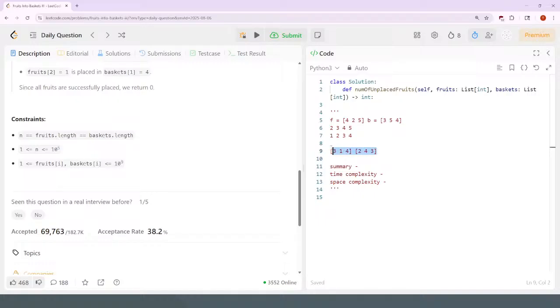So, for instance, 4, 2, 5 is going to remap to just 1, 2, and 3.